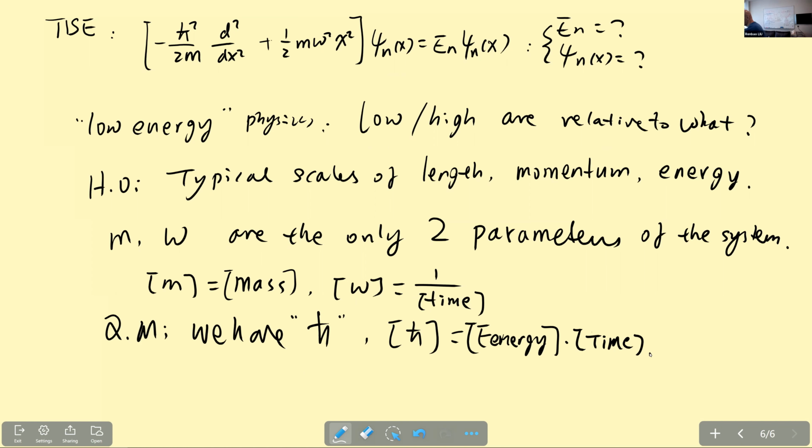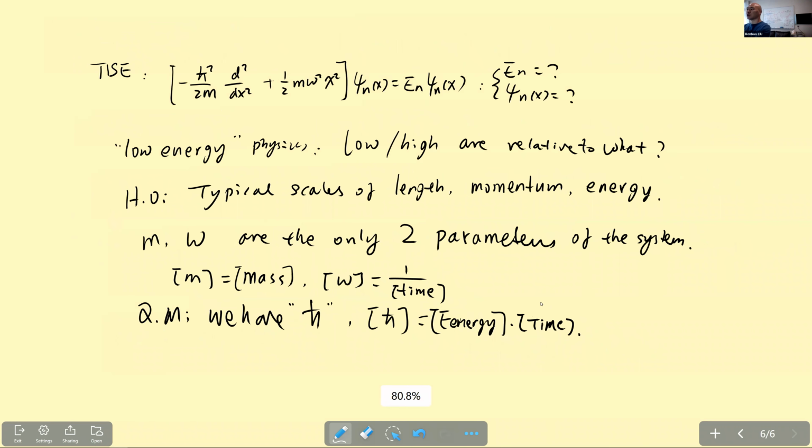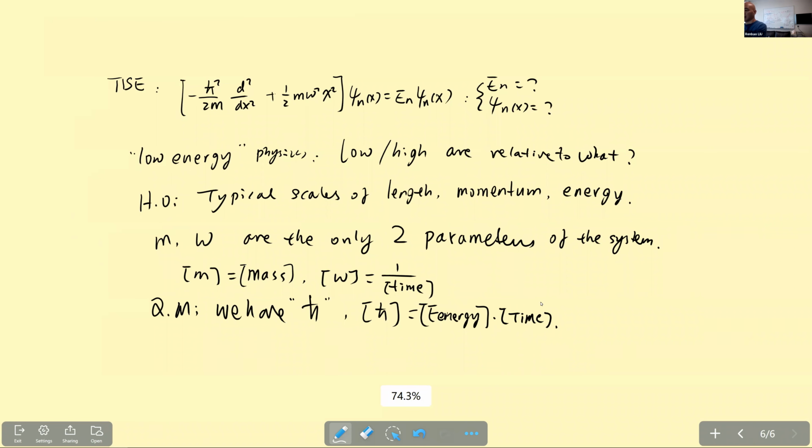Once you have these three parameters, Planck constant, mass, and omega, you can form natural quantities to define the typical scales of length, typical scales of momentum, and typical scales of energy. How do we do this? Let's do this one by one.